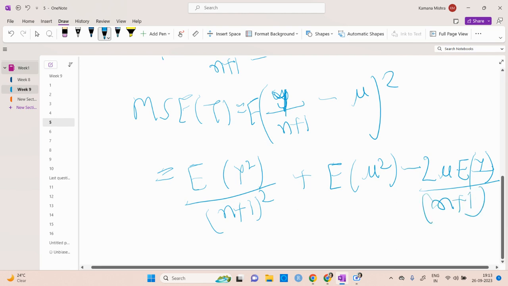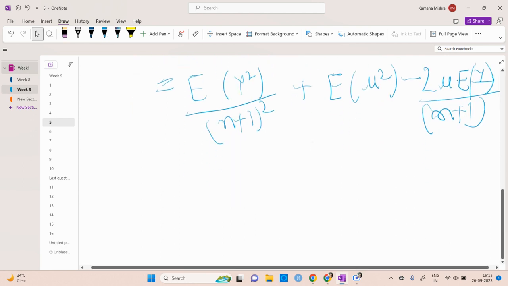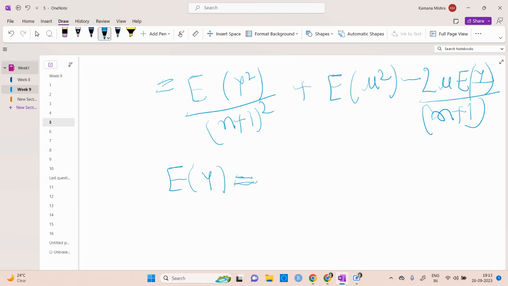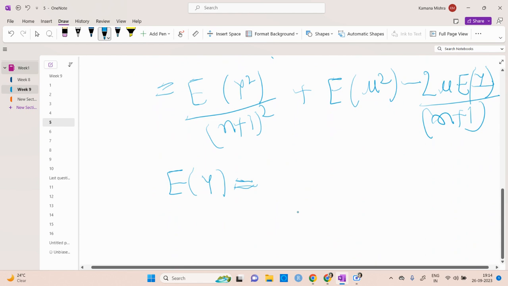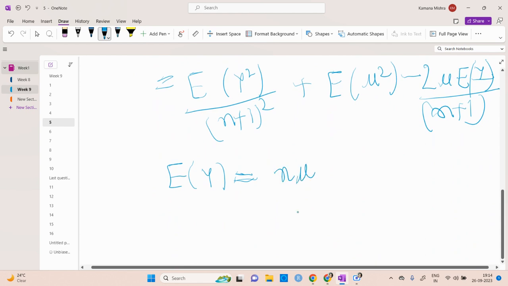Now previously we have just seen that expectation of y, where y is gamma distributed, is r upon lambda. Here r is n and lambda is 1 upon mu. So r upon lambda will be equal to what? n mu, right?